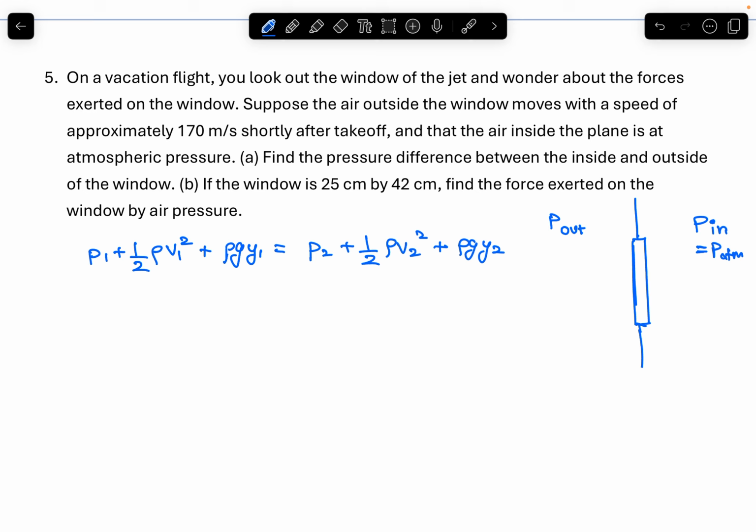So here 1 is in, so P in. The inside air is not moving at any velocity, so it's 0.